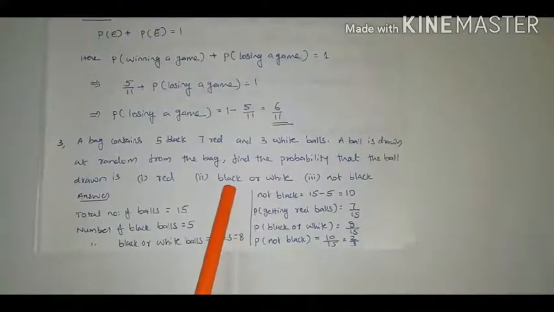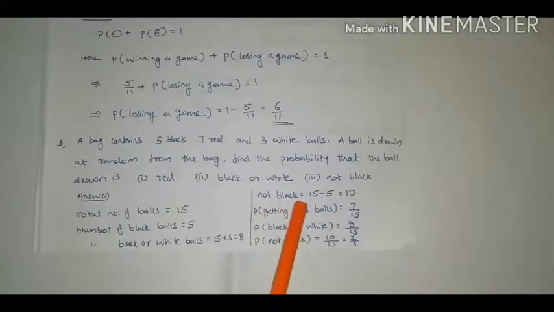And second, the probability of black or white. So what is the number of ways of getting a black or white ball? That is 8. So the answer should be 8 by 15. And then not black, that is 10. So the probability of getting a non-black ball should be 10 by 15, and its simplest form we can write as 2 by 3.